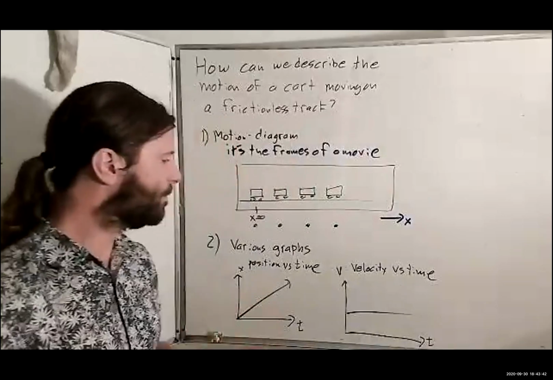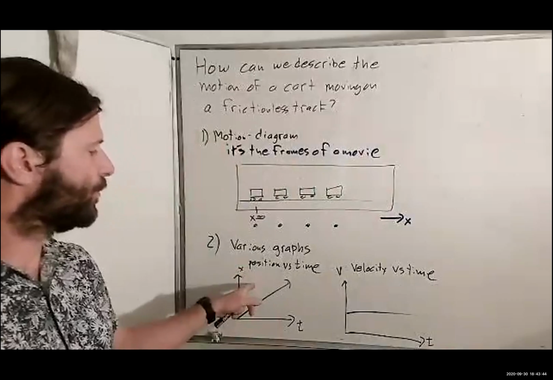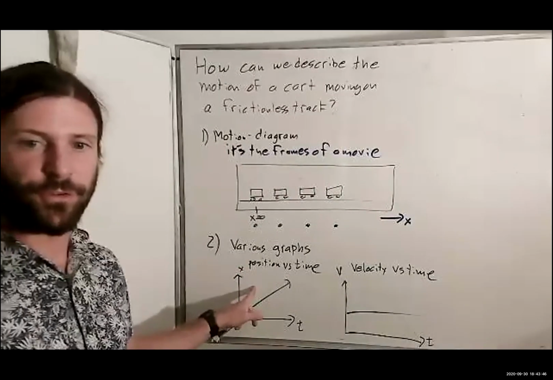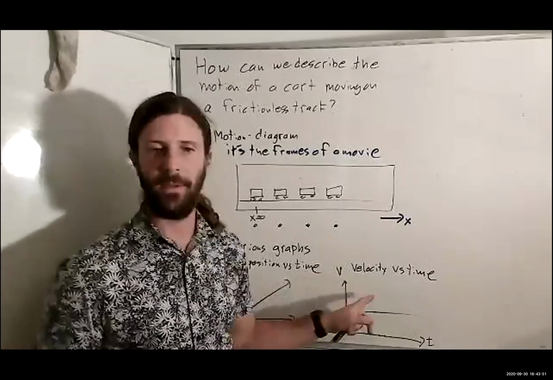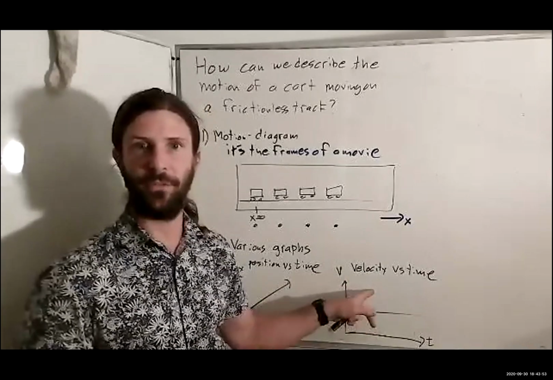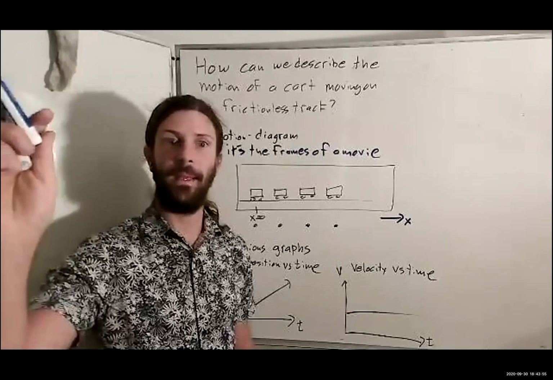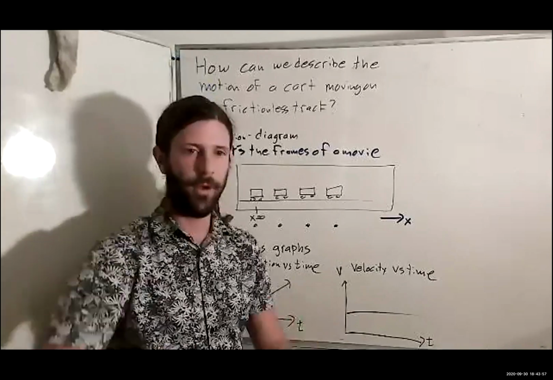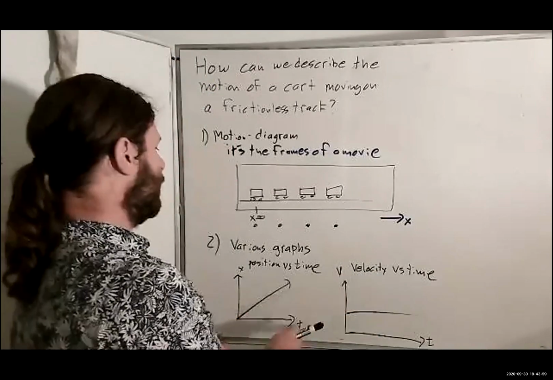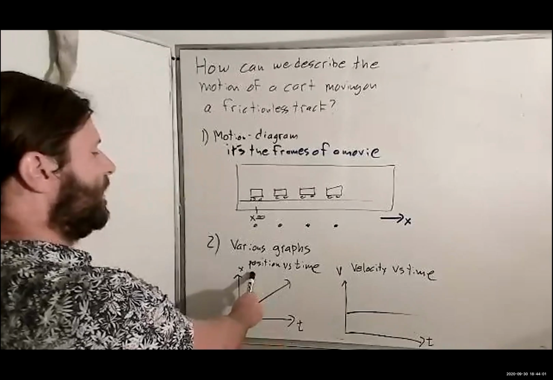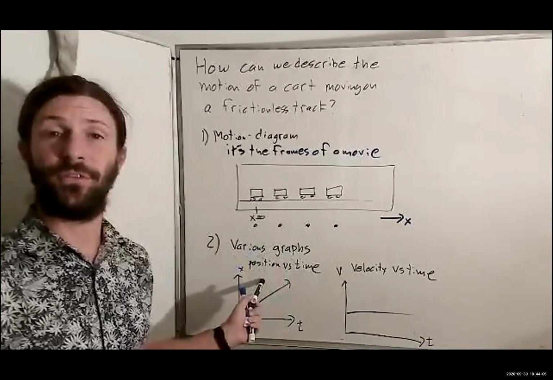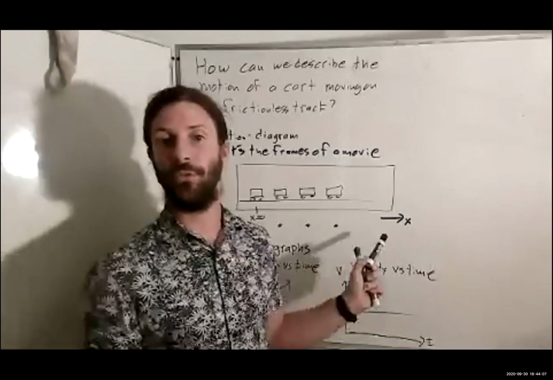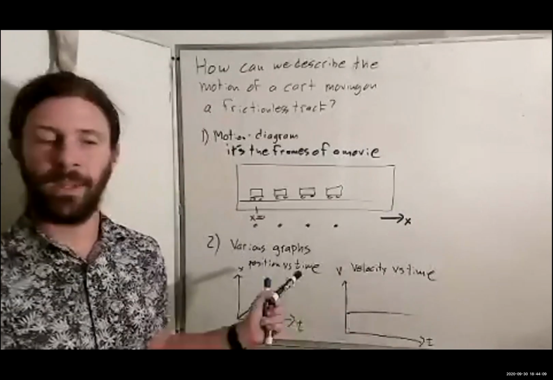That's because the slope of the position versus time graph is going to be your velocity versus time. You should know that maybe from your Calc 1, that the derivative of position versus time equals velocity versus time.